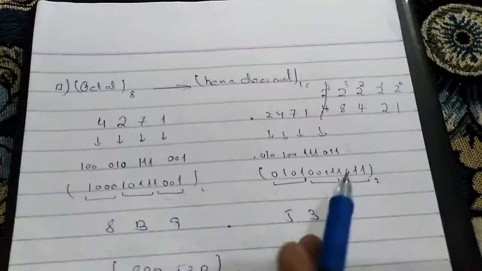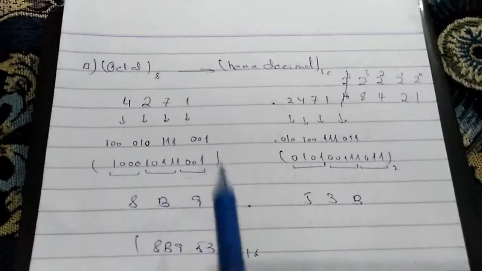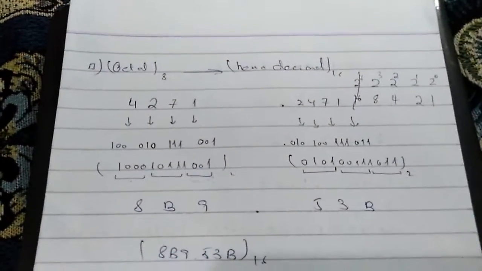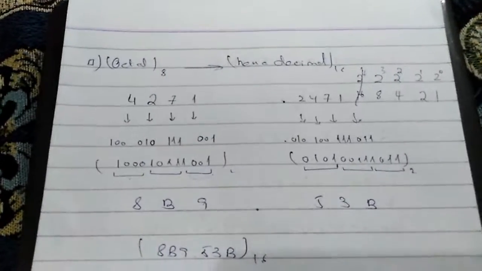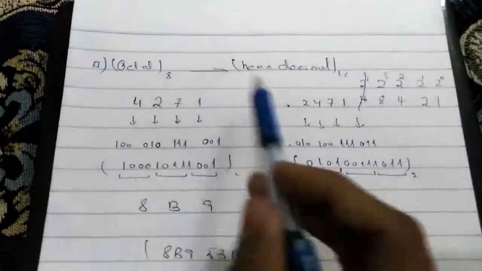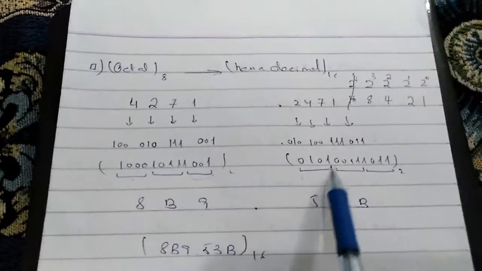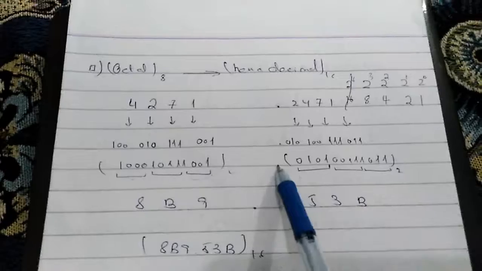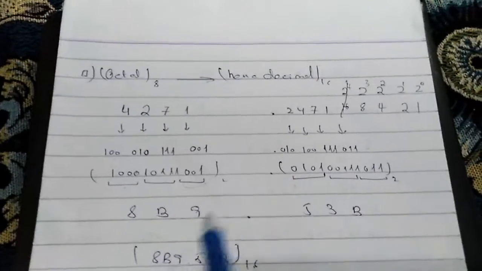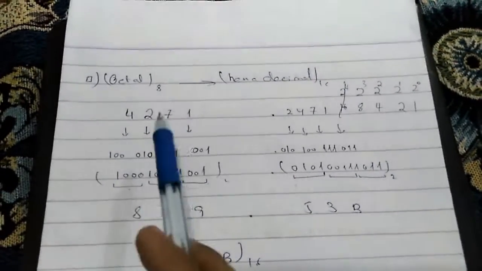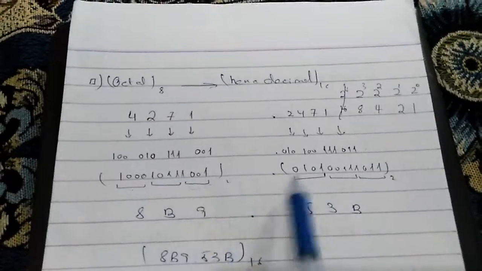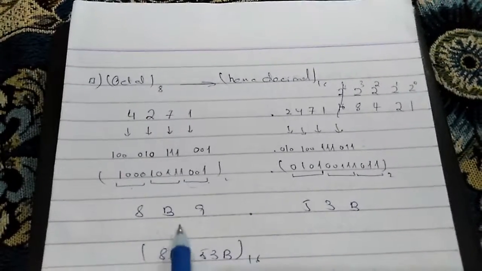Octal to hexadecimal conversion is not directly possible. We have to convert the octal number system into the binary number system first, after the decimal point and before the decimal point. Then we convert the binary number system into hexadecimal.